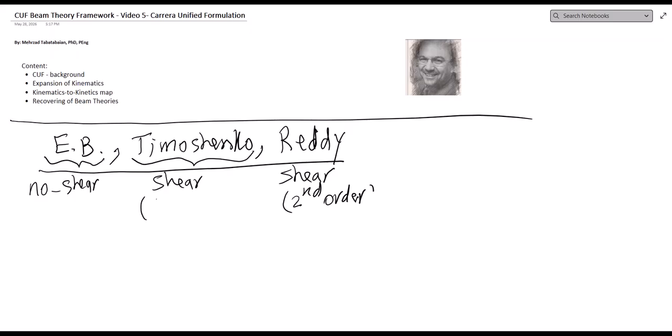This is constant shear across the depth of the beam. And then we discussed these three.